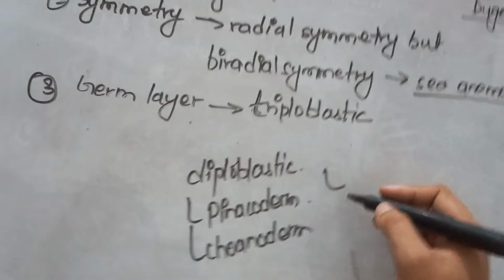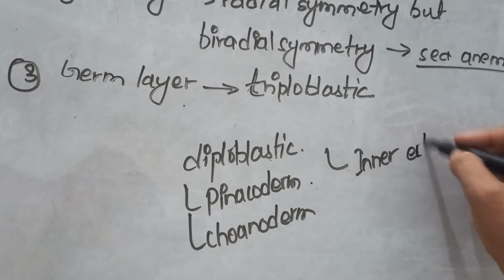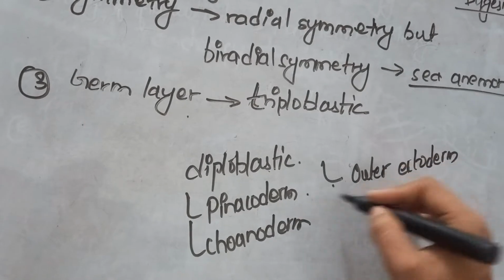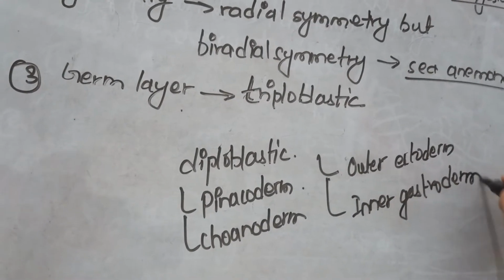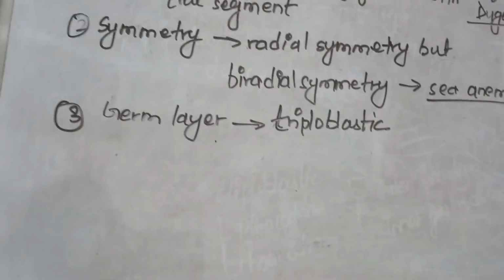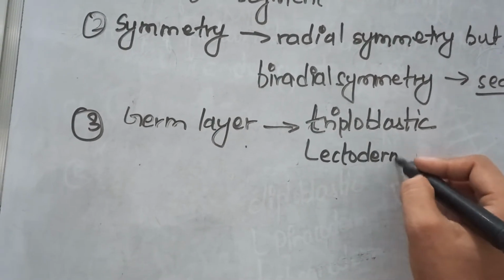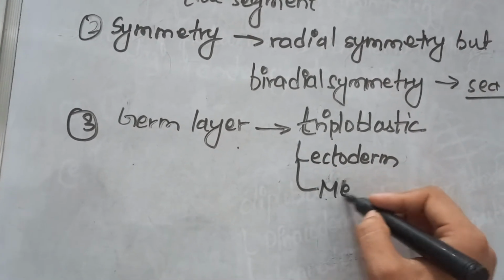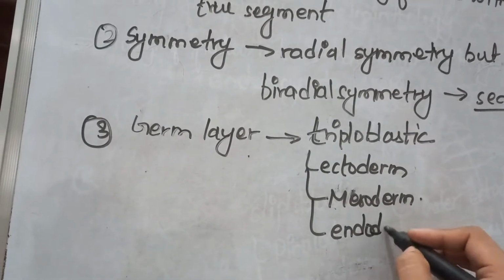In Coelenterata you have outer ectoderm and inner gastrodermis. This is a triploblastic animal, and we have three layers: first ectoderm, secondly mesoderm, thirdly endoderm.